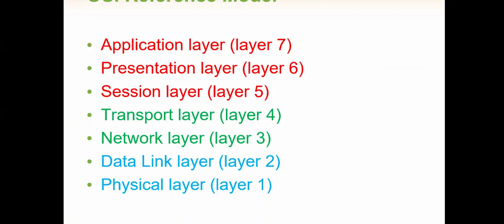Then we have the bottom layers. The bottom layer, what does it do? It communicates to the local network. It communicates to the local network in that if your data leaves your machine, the next thing it's going to do is to transmit your data to the next available machine.